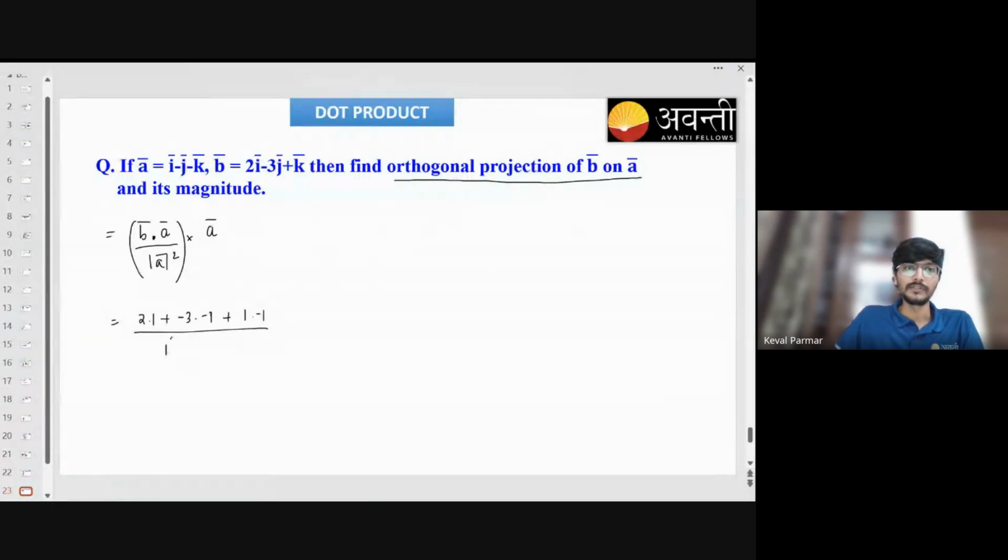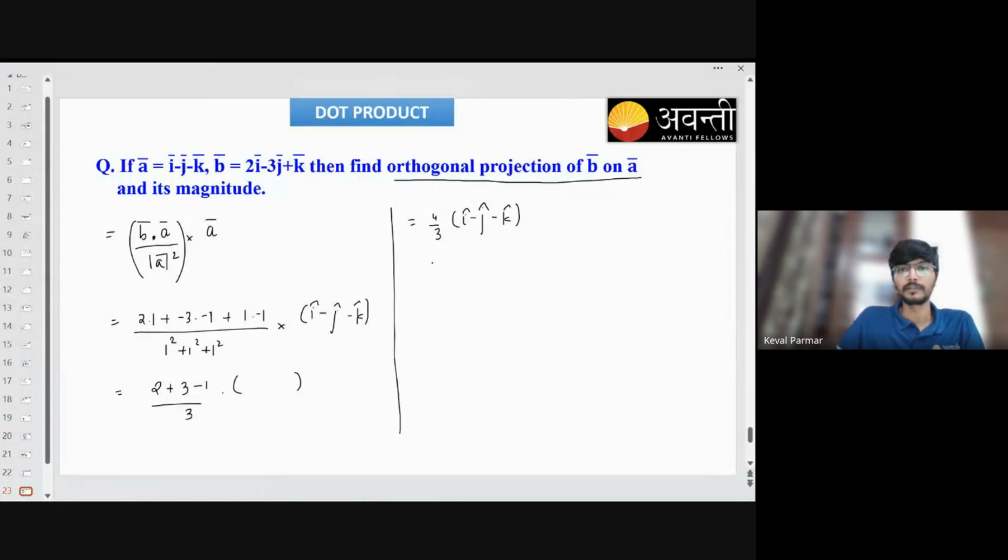It is 1 square plus 1 square plus 1 square, into A bar, that is I cap minus J cap minus K cap. So numerator I'll get 2 plus 3 minus 1 upon 3 into this. So this is 4 by 3 into I cap minus J cap minus K cap.